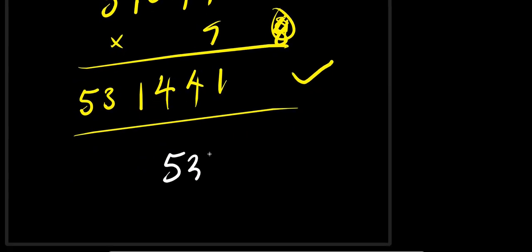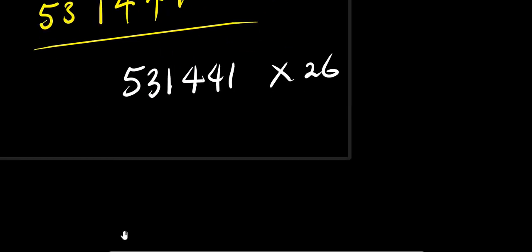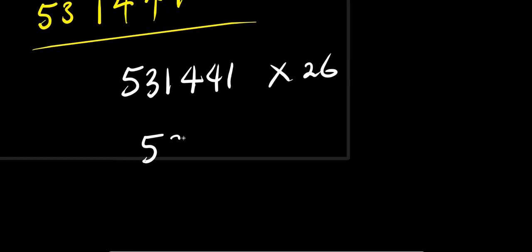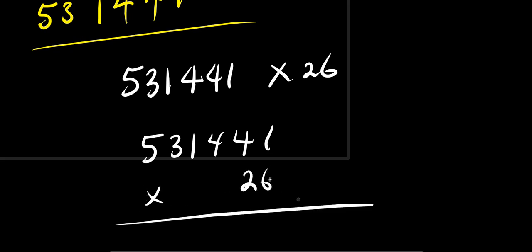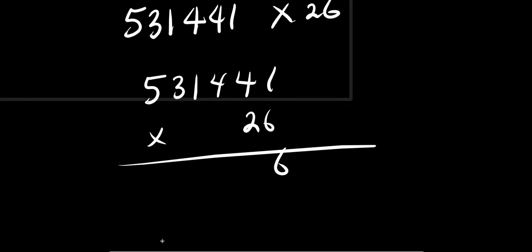This will be 531441 times 26. 6 times 1, 6. 6 times 4, 24. 4 carry over 2. 6 times 4 again, 24 plus 2, 26. 6 carry over 2. 6 times 1, 6 plus 2, 8. 6 times 3, 18. 8 carry over 1. 6 times 5, 30 plus 1, 31.